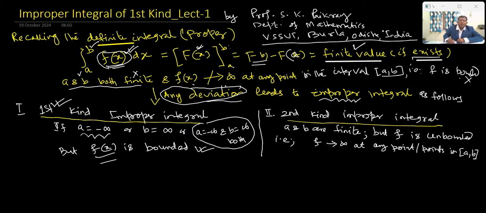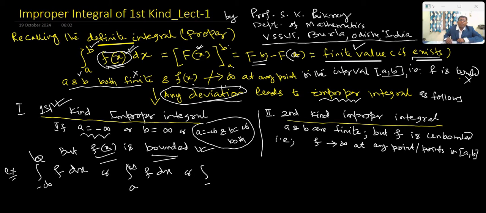So now coming to the improper integral of first kind. Here the limit of integration is infinite, but the function is bounded. That means the function will not tend to infinity at any point in the given interval. For example, the integral from minus infinity to some b of f dx, or from some a to infinity of f dx, or from minus infinity to infinity of f dx.